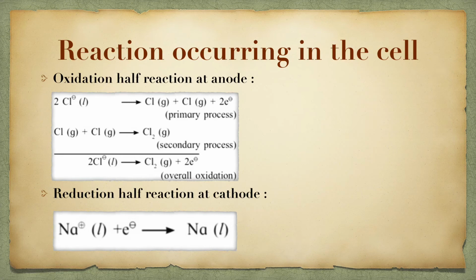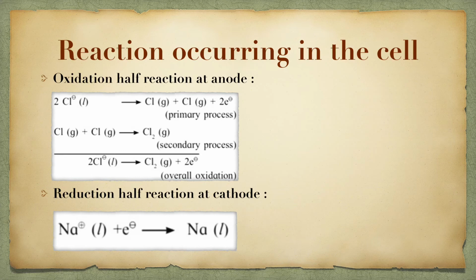Now at the cathode, what will happen? The electrons from the anode have traveled to the cathode. That means this cathode will give electrons to the other species. Which is that other species over here? That is the Na plus ion. So Na plus ion will accept an electron and form Na. So hopefully you understood the reaction occurring in the cell.